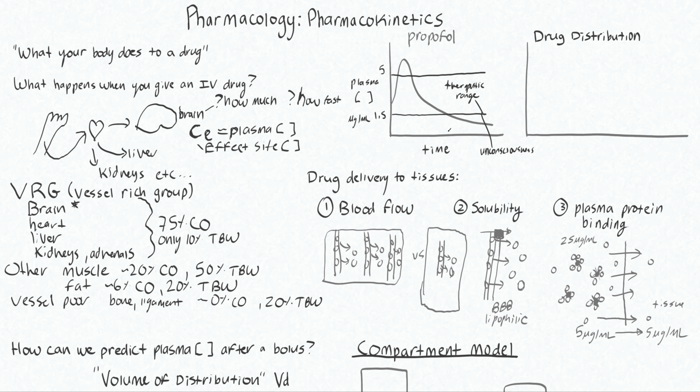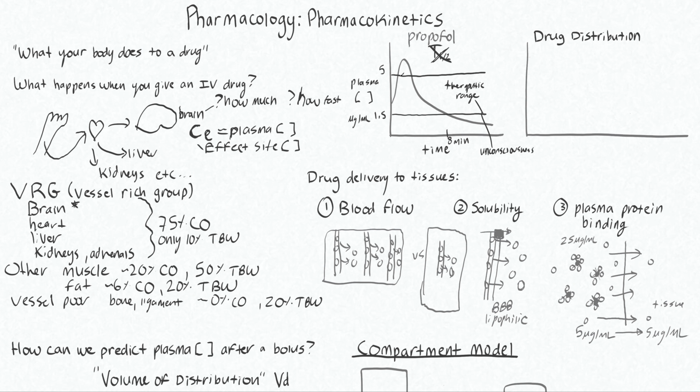So we can see here that by about 8 minutes after your bolus, our plasma concentration has decreased to the point where it will no longer keep you unconscious. So why does the plasma concentration decrease? I'll tell you, it is not from metabolism. This is not the half-life of the drug.